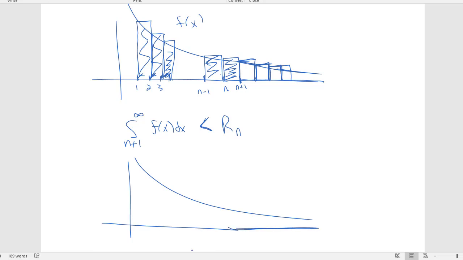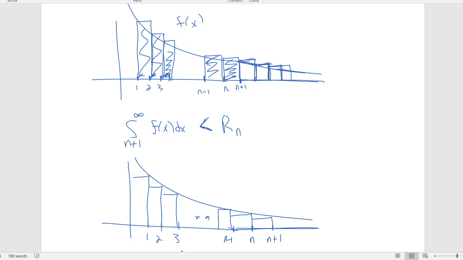Let's say we start with 1, 2, 3, dot, dot, dot, and we come out to, let's say, n minus 1, n plus 1. We just drew left endpoint rectangles. Let's draw right endpoint rectangles here. Here's the first 3, and then I'm doing a right endpoint rectangle here, and here, and here.